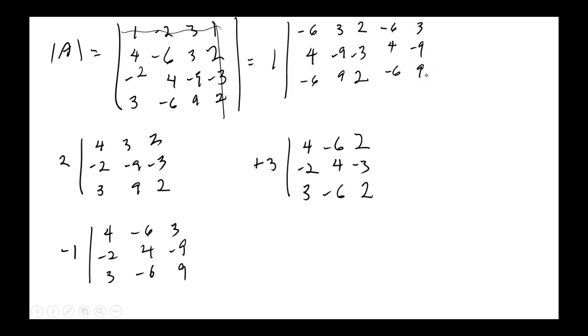Yep. Whoa, is that right? Yeah, that's right. 3, negative 9, 9. Okay. And down here, I'll do a 4, negative 2, 3, and a 3, negative 9, 9. And over here, I do a 4, negative 2, 3, and a negative 6 for negative 6. I hope that's right.